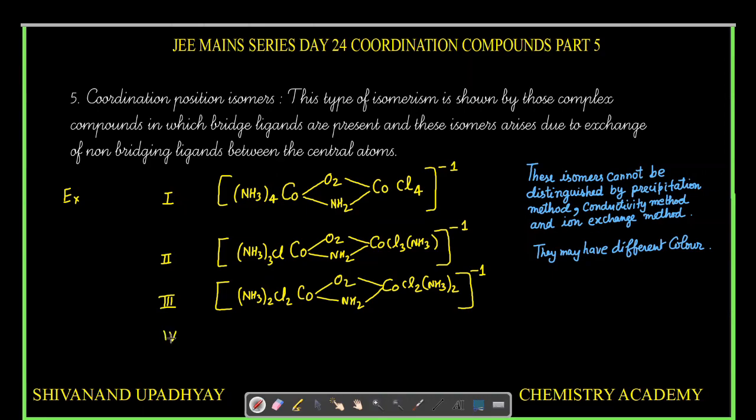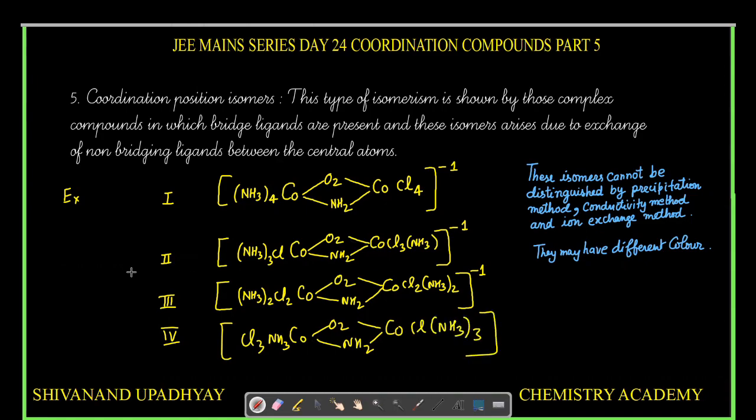So I can write the fourth possibility: CoNH3 and this will be Cl3, and here Cl NH3 CO. Now this will become 1 Cl and 3 NH3, so this and this will be the same. If the central atoms are different, then we are able to make another coordination position isomer, but these are the same only. Because of that, there are only 3 isomers possible, right?